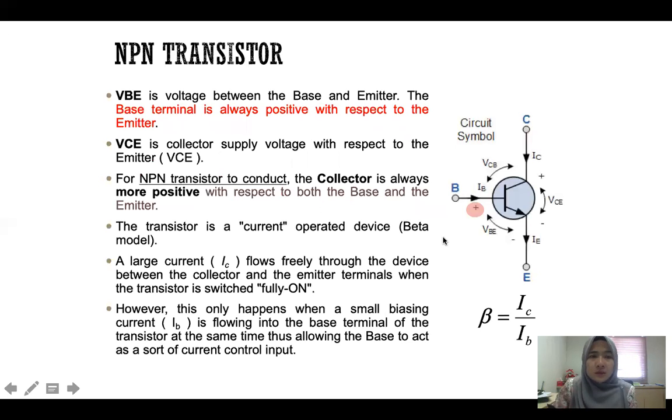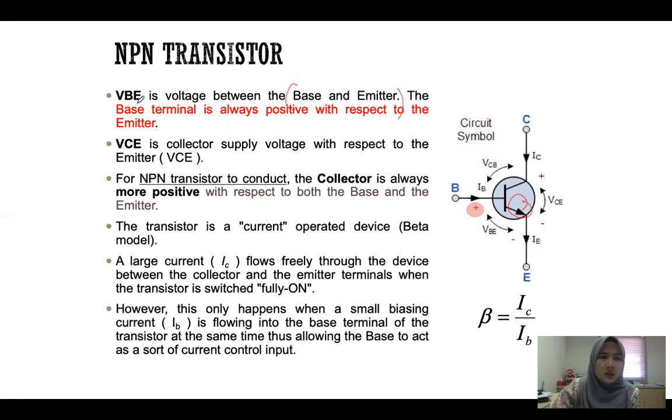So now let's look at the first type of BJT transistor, which is the NPN transistor. Remember, for the NPN transistor, the arrow should always be pointing out. If you refer to the figure, the symbol here, you can see that the VBE is the voltage between the base and emitter. That's why the name is BE.